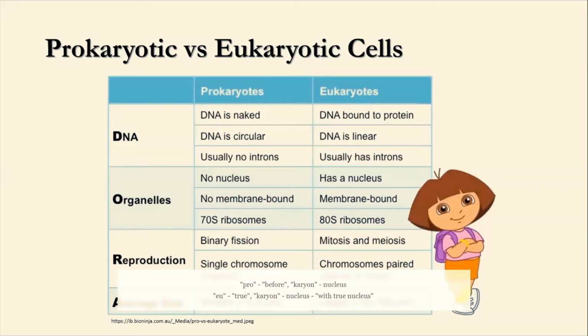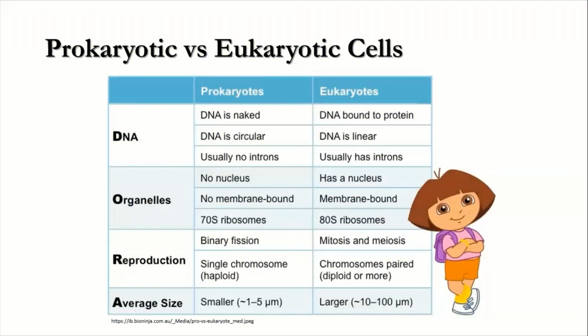The karyon refers to the nucleus. The eu part for the eukaryotes means true. So no nucleus for the prokaryotes, while you have a nucleus for your eukaryotes, and there are no membrane-bound organelles in the prokaryotes, while for the eukaryotes, you have the membrane-bound organelles.